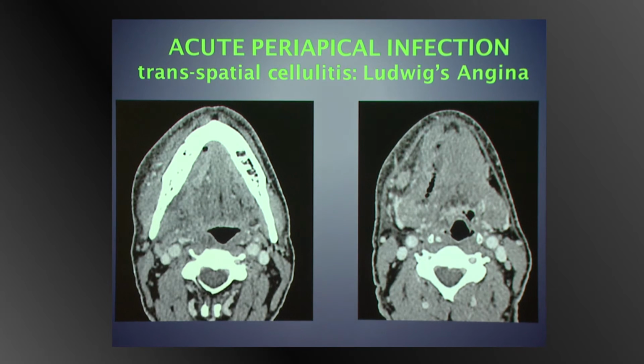One of the things which we're seeing increasingly as oral hygiene and visits to the dentist are becoming less frequent, particularly among people who don't have the money to afford routine dental treatment or choose not to, is complicated dental sepsis. There is an entity called Ludwig's angina, which is an entity of trans-spatial cellulitis, and it has a high morbidity and mortality.